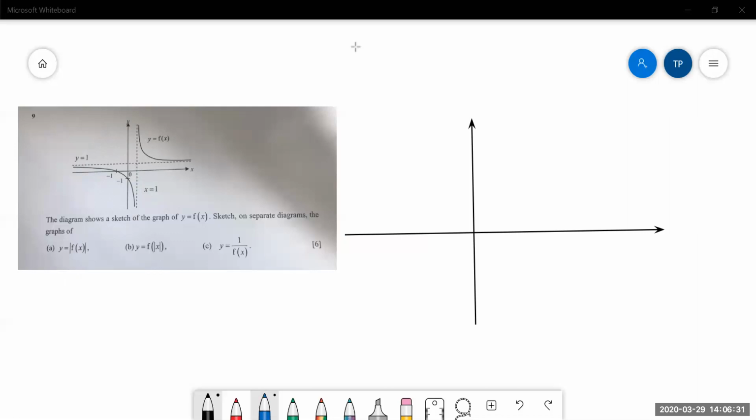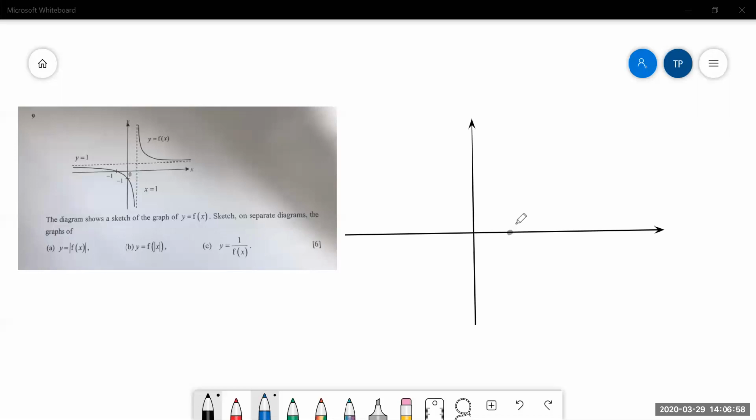We don't know where it is, so I'm just going to put a very faint dot somewhere here. We know that it's going to cut through here. The reason I put a very faint dot is because I don't want to force feed the curve.